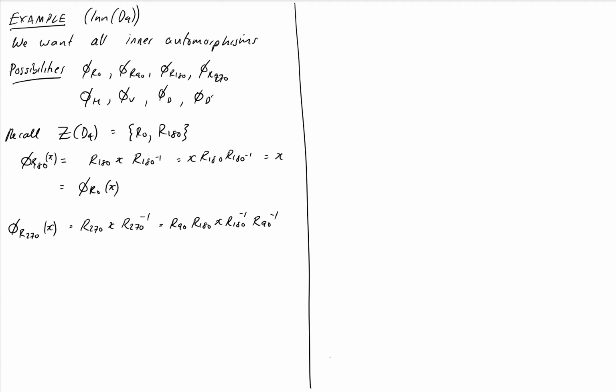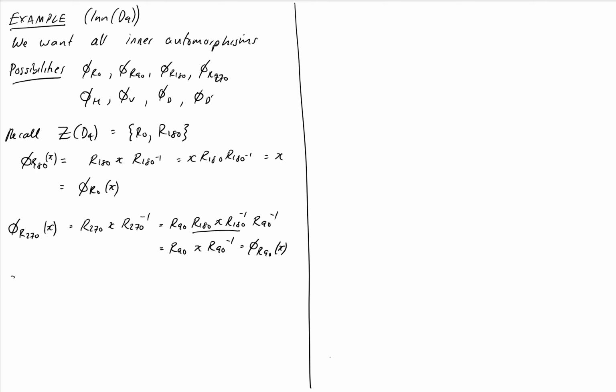You can see that's the same thing. And we know that this term here is just x, so that's R90 x R90 inverse, which equals phi R90 of x. So, actually, the inner automorphism induced by R270 is the same as that induced by R90.